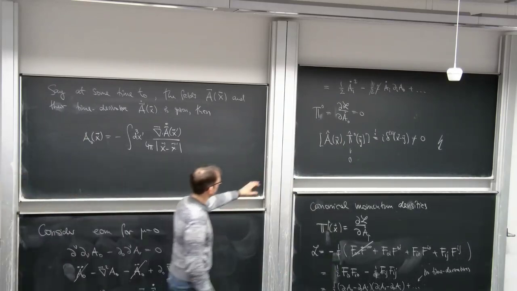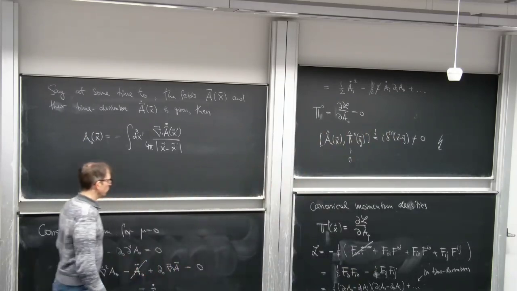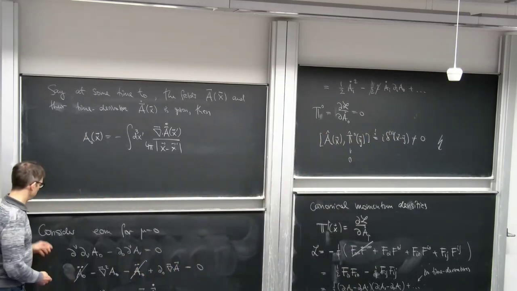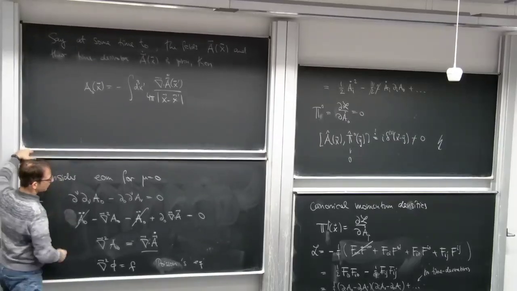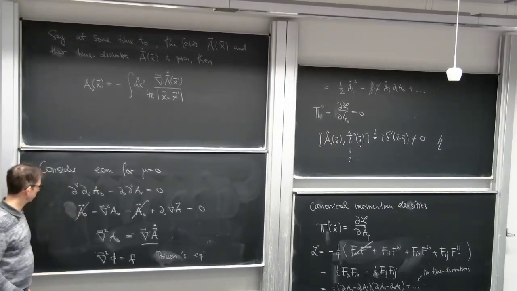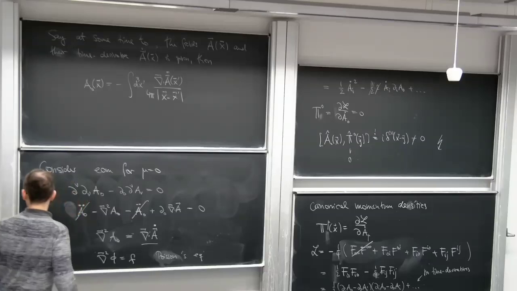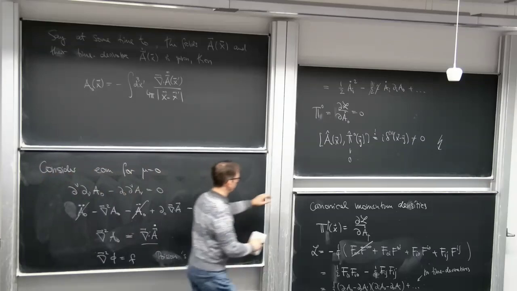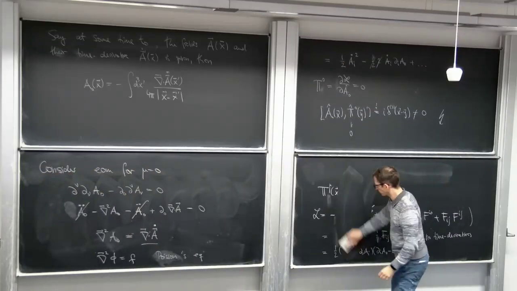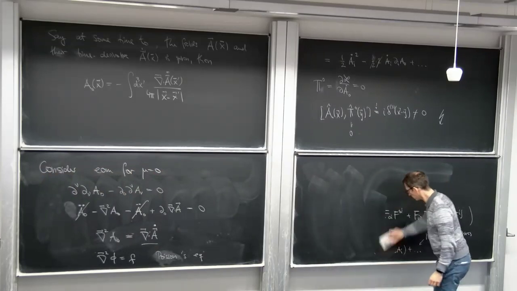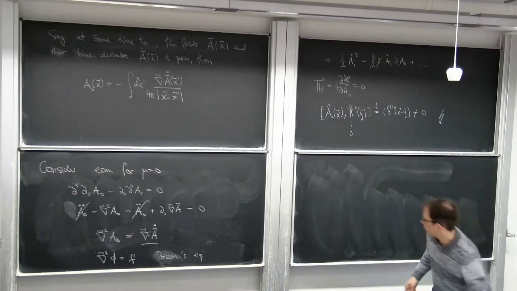Because we only know our canonical quantization program. But now we know that my Lagrangian, the theory has this gauge invariance. So you have the gauge symmetry.